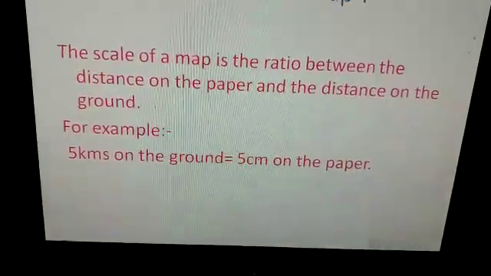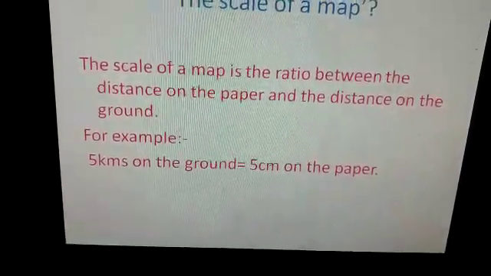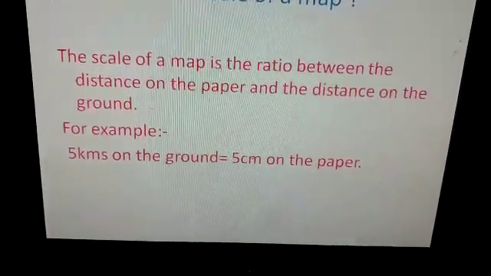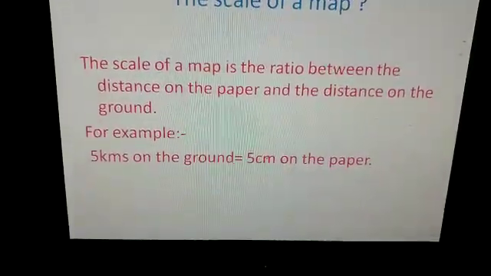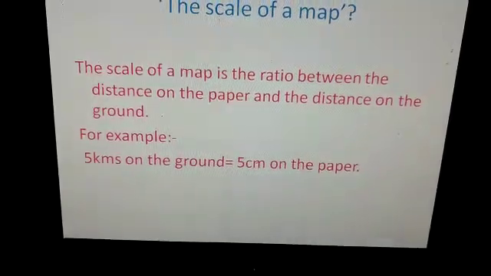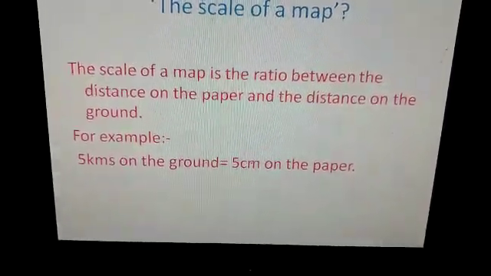We cannot show a big area in the maps. For that, we minimize the huge area into a smaller unit, and we use centimeter instead of kilometer.